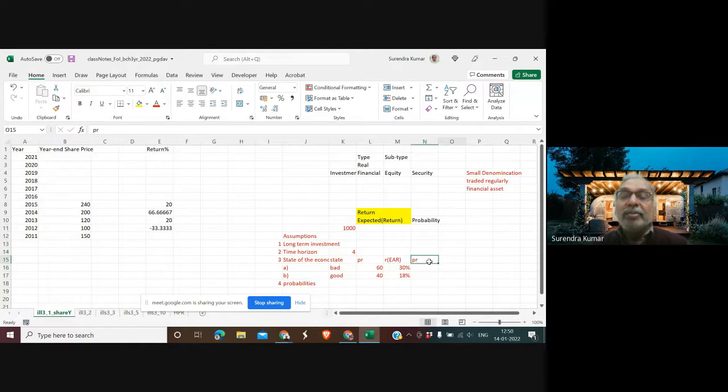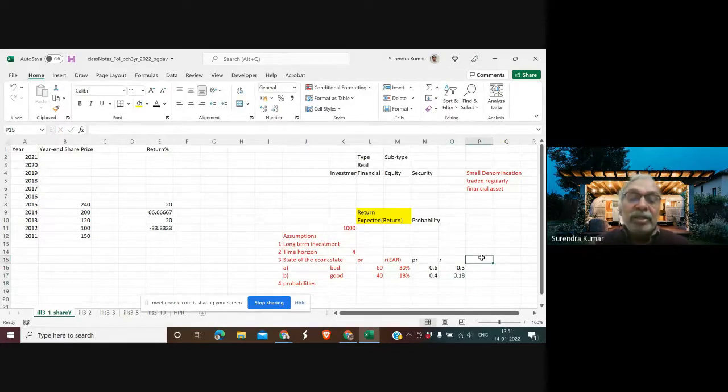I just write it in black again, and R. Okay. So this one we will write as 0.6, and this one we write as 0.4, and this one we write as 0.53, and this one we write as 0.18.